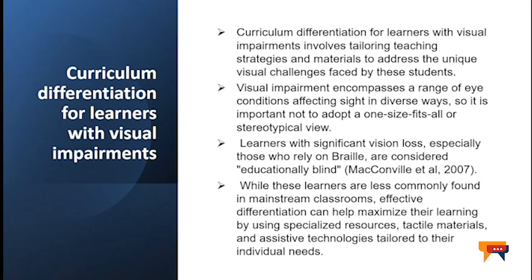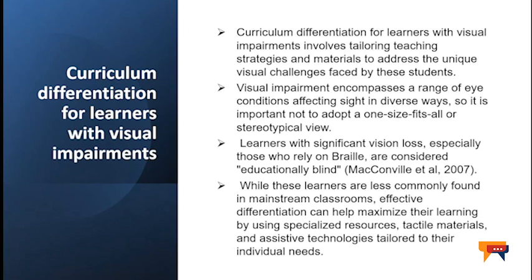And curriculum differentiation for learners with visual impairments involves tailoring teaching strategies and material to address the unique visual challenges faced by these students. Visual impairment encompasses a range of eye conditions affecting sight in diverse ways. So it is important not to adopt a one-size-fits-all or stereotypical view.